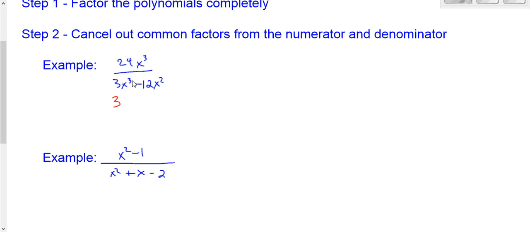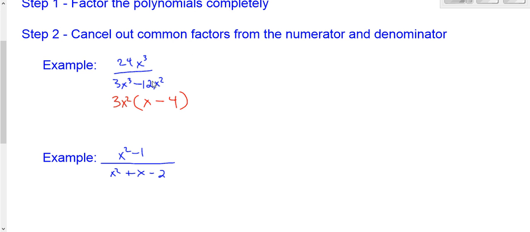And then we have x cubed and x squared, so we have x squared. When we factor that out, x cubed divided by x squared is x, minus 12 divided by 3 is 4, and the x squared is already factored out. So 3x cubed minus 12x squared is written as 3x squared times x minus 4.